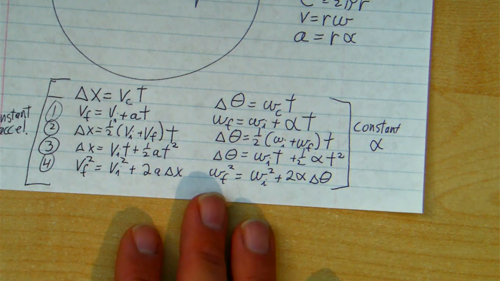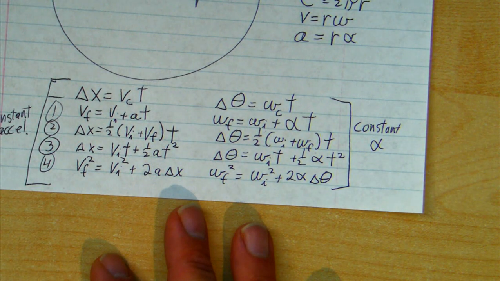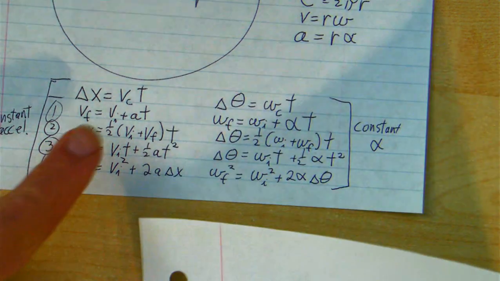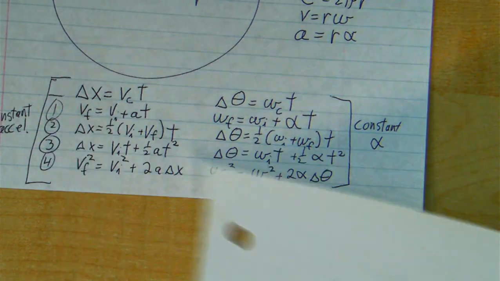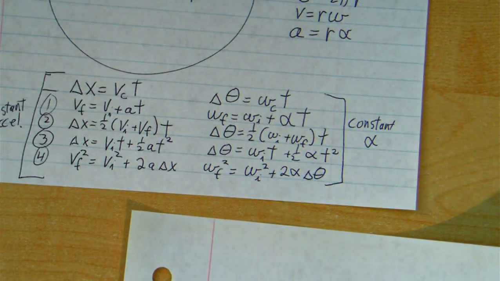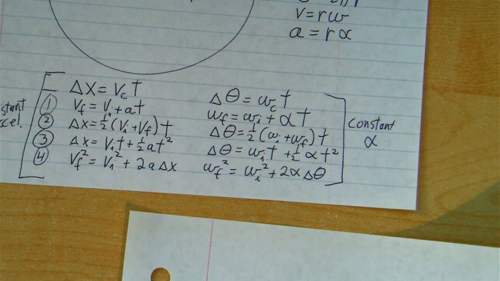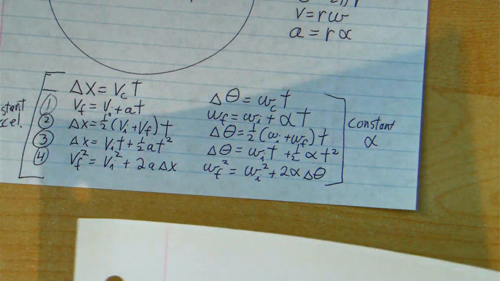And the angular equivalent is that these would all have to be under constant angular acceleration alpha. This means I could make up any simple problem that you used to be able to solve in the translational world, but make it in the angular world.